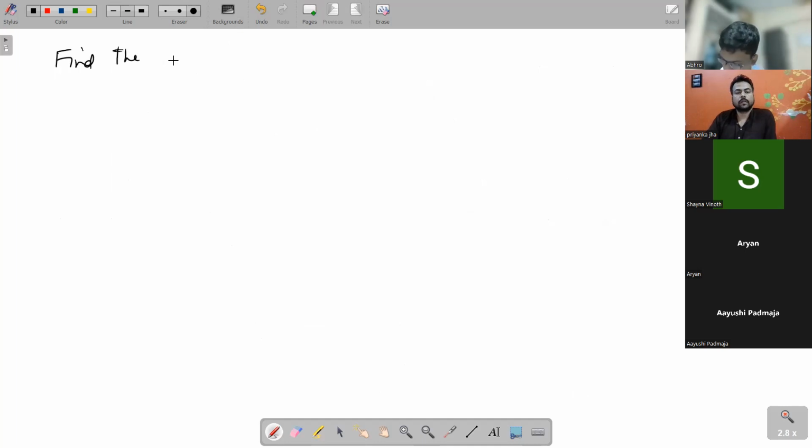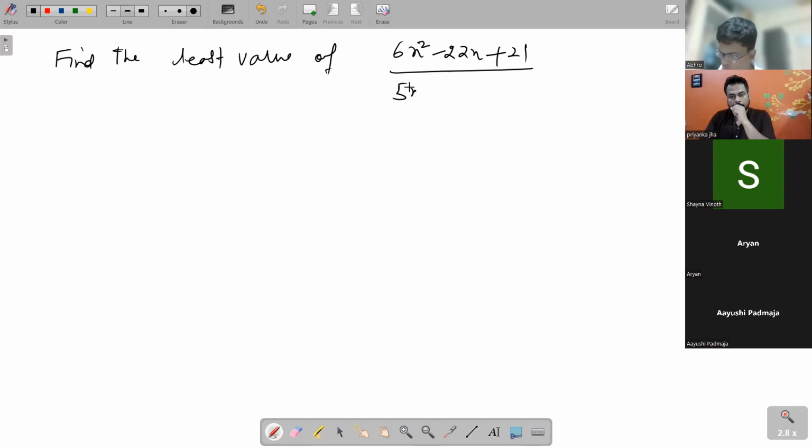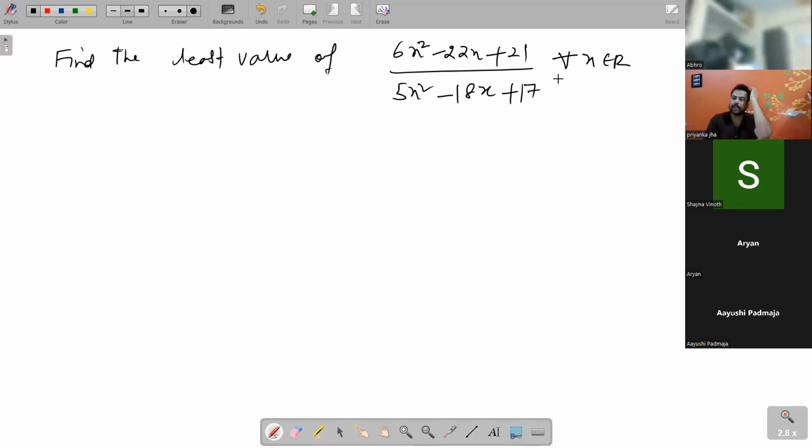Find the least value of (6x squared minus 22x plus 21) upon (5x squared minus 18x plus 17) for all x belongs to real numbers. This symbol is inverted A. See, there is a unique way to solve this.